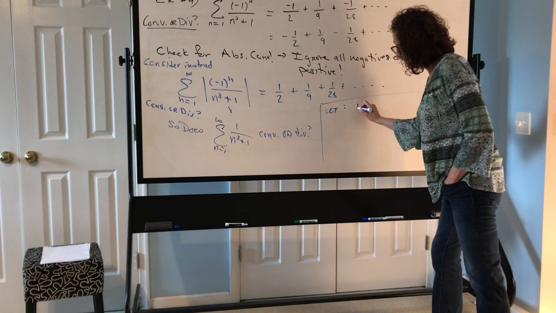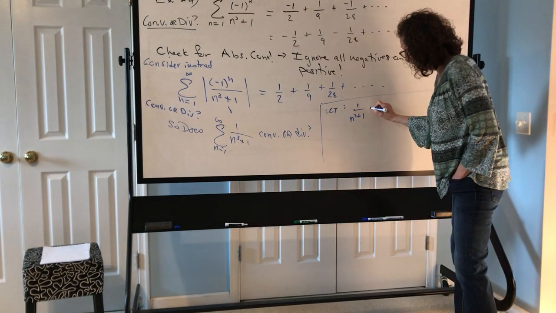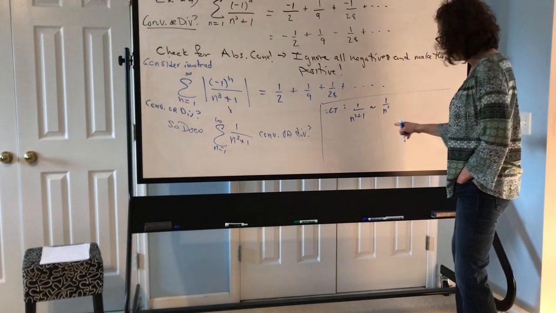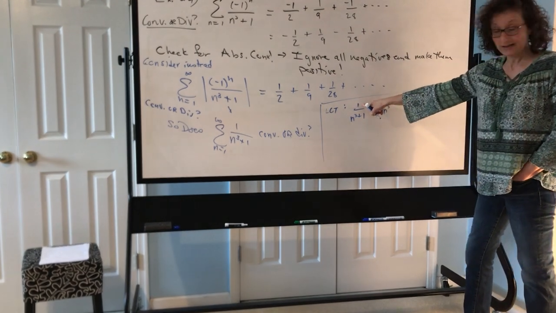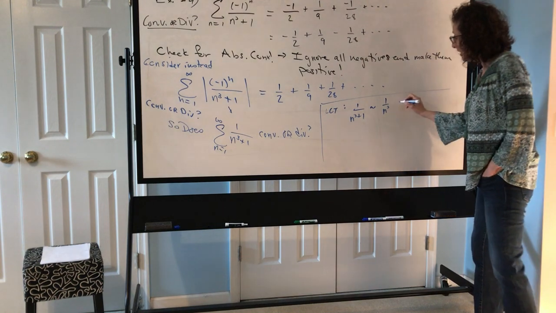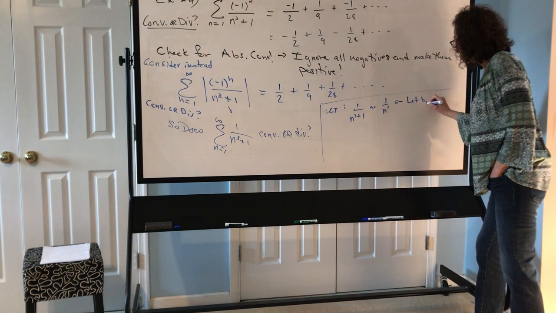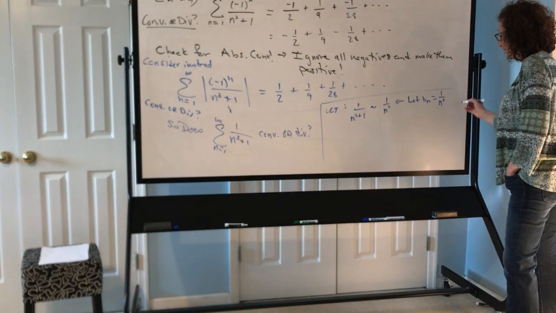I think about 1 over n cubed plus 1, and that is a little bit like 1 over n cubed for n getting huge. The highest power of n up here is 1, down here it's n cubed. So let bn be 1 over n cubed for my limit comparison test.